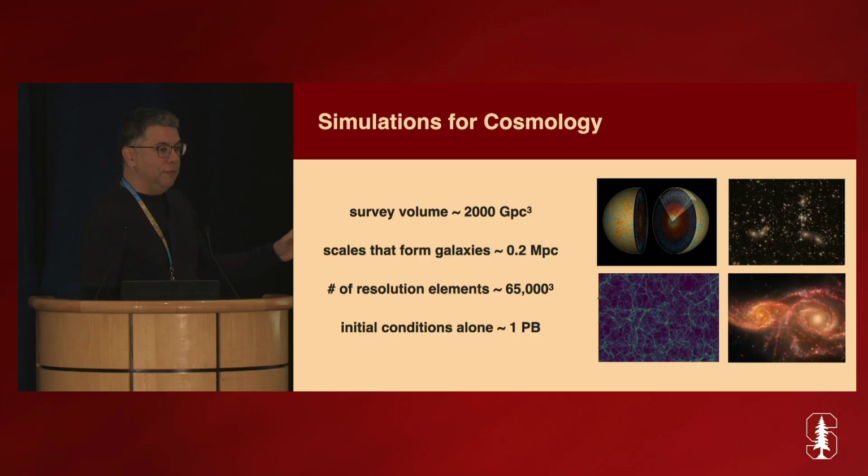Naively, if you wanted to do a simulation where you just looked at the dark matter and formed all the galaxies, you'd need about 65,000 cubed resolution elements, or with 4-byte floats, the initial conditions alone would be 1 petabyte. Typically the way these runs work is you give it a random seed and generate it forward, so you only need the seed in some deterministic random number generator.